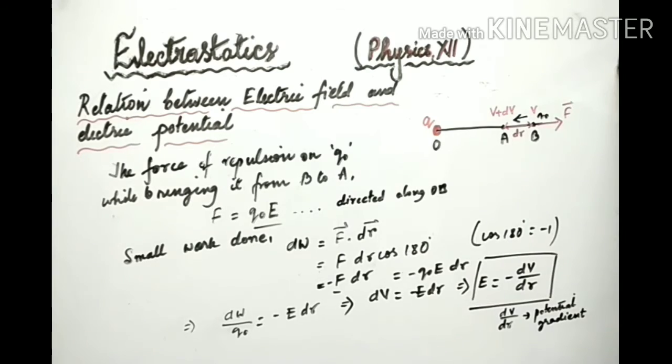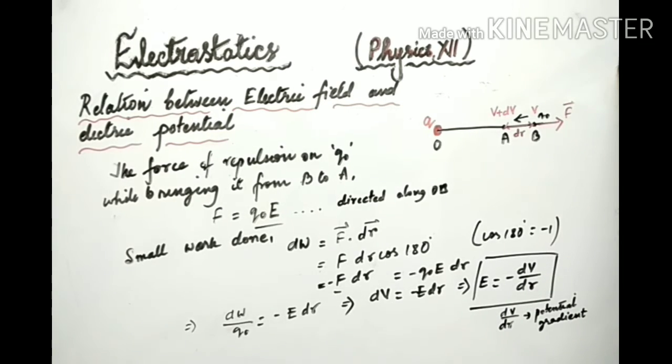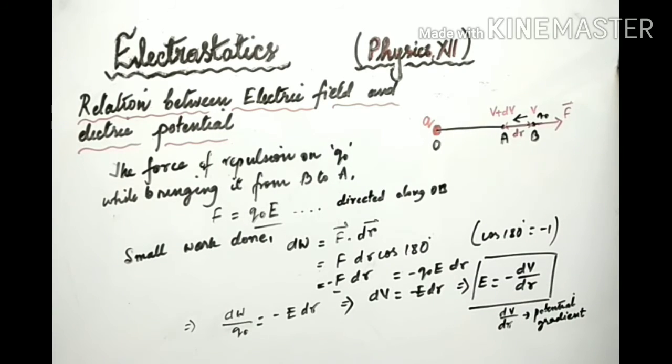Okay, so dV by dr is known as potential gradient and E can be written as minus dV by dr. So now what is the significance of this minus sign? This minus sign denotes that the potential decreases in the direction of the field. Okay, this is the significance of the minus sign.